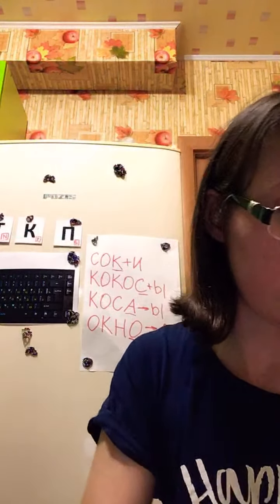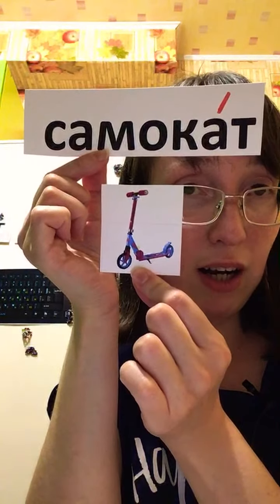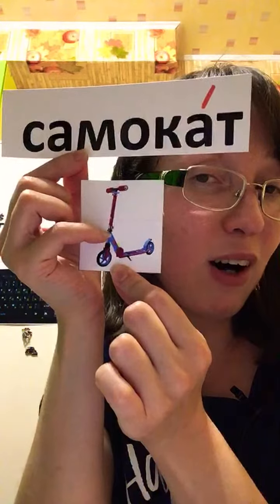The next word is a pretty long word. Try to read it by yourselves first. 1, 2, 3, 4. Samakat. Unstressed O represents a sound. I don't know this word in English again. I can show you. If someone knows this word in English, please write me in the comments.